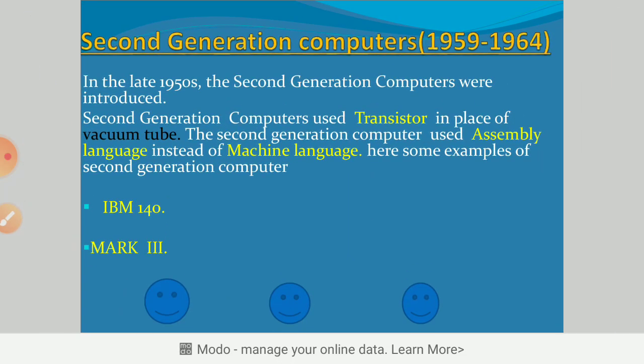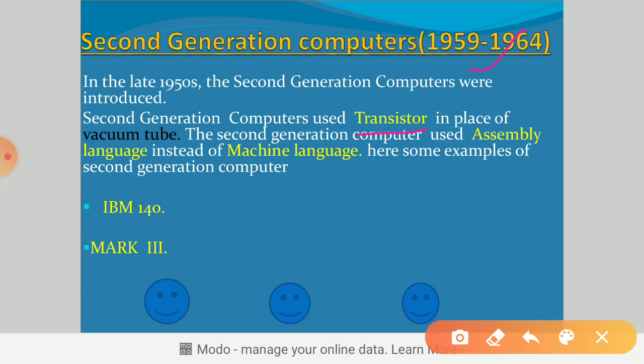Now, the second generation computer was developed between 1959 and 1964. Now, what is the difference between first and second generation computers? The second generation computers used transistors instead of vacuum tubes. A transistor was smaller than a vacuum tube.